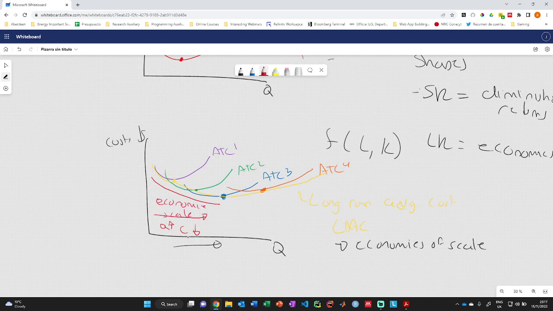This means that we are increasing production and the costs are decreasing. Then we have this point over here, which is called constant returns to scale. And then we have this third stage where as we increase quantity, costs also increase. And this is called diseconomies of scale. So this is what's driving the curve here.